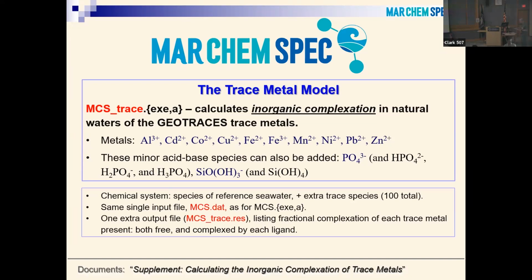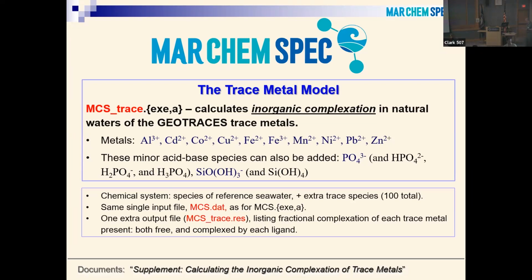So the chemical system that the model is treating is the species of reference seawater, which we've already covered, plus the extra metals, plus the complexes, which happens to be a round number of 100 total species.